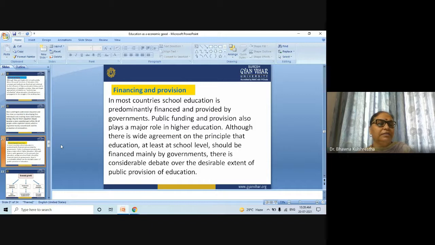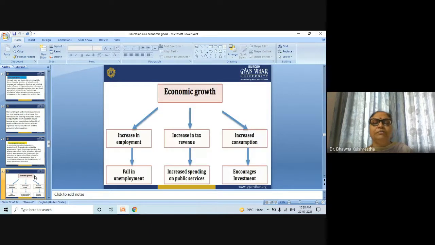And the next, the picture of economic growth.